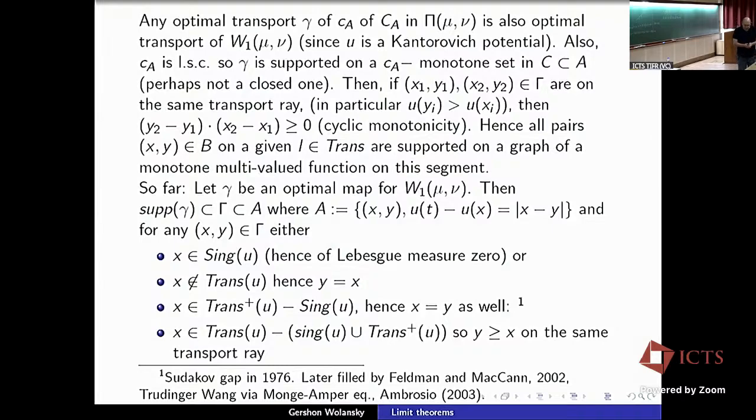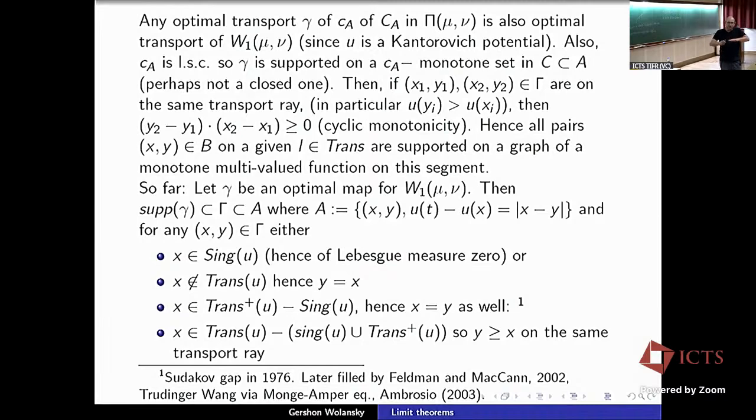So this cyclic monotonicity gives us this inequality, which means that (y1 - y2) times (x2 - x1) is non-negative. It just means that there's a monotone map, like we saw in the one-dimensional case. Only in this case, we do not build it from the accumulation function of some measure, because the measure is not defined on a line.